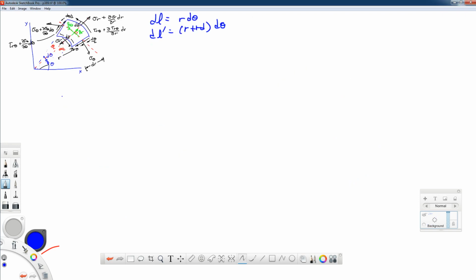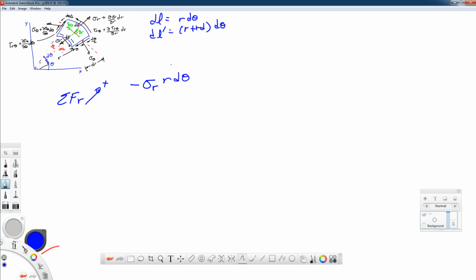Alright, so let's do the summation of forces in the r direction. We'll take that way as positive. So on the inner surface over here, pointing towards the origin, we have sigma r. Now the force associated with that would be sigma r times the area dl times t.